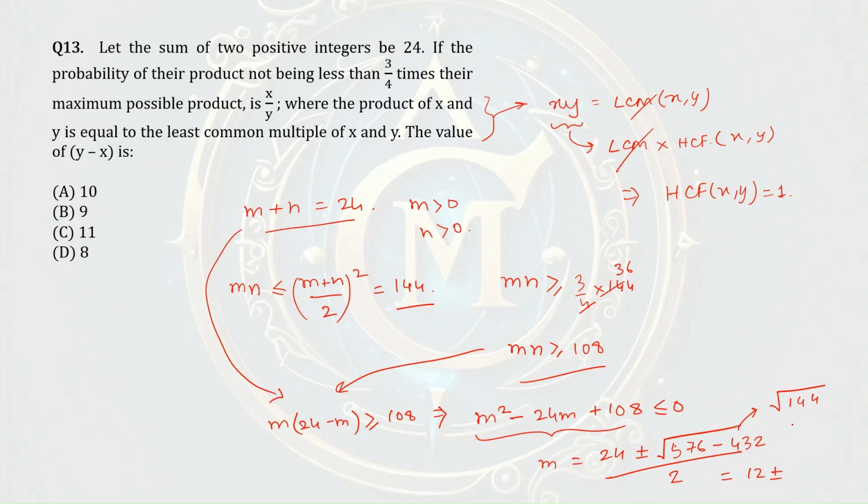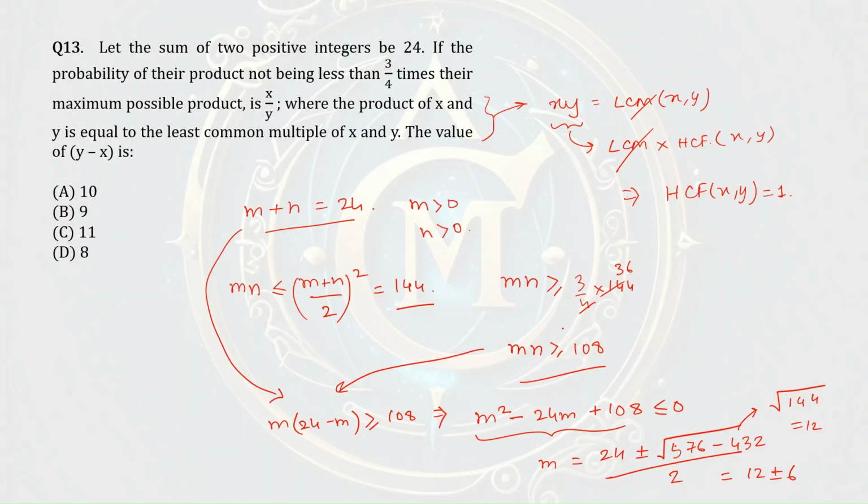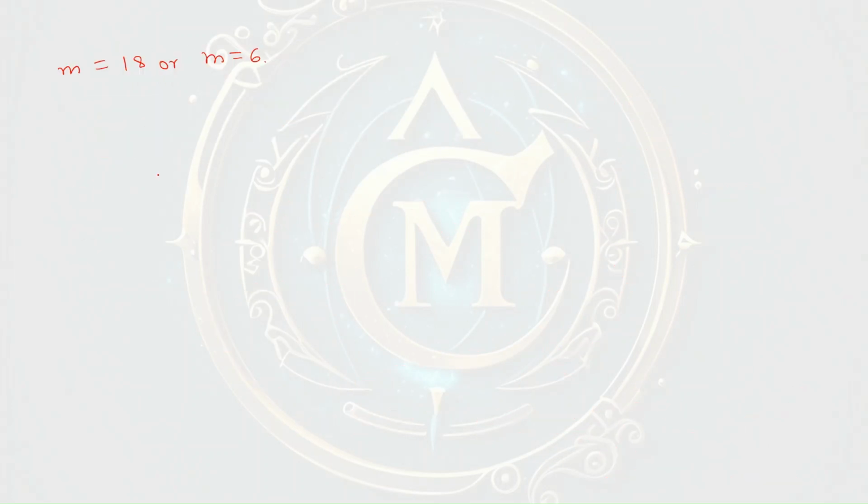Root under 144 is 12, so this will be 12 plus minus 6. That means m is equal to 12 plus 6, that is 18, or m is equal to 12 minus 6, that is 6. So from here we can say that this quantity will be less than or equal to 0 if m belongs to the closed interval 6 to 18.